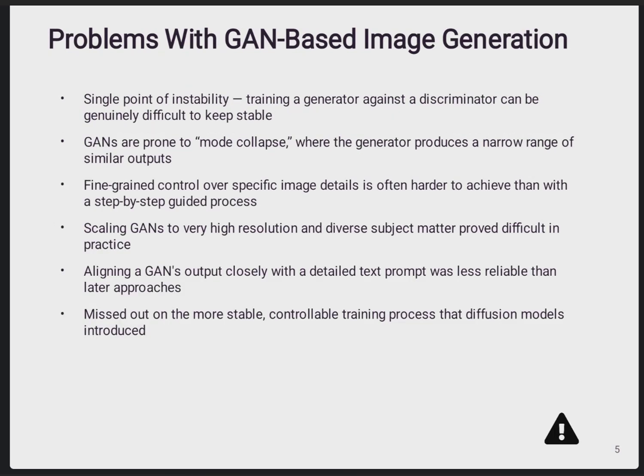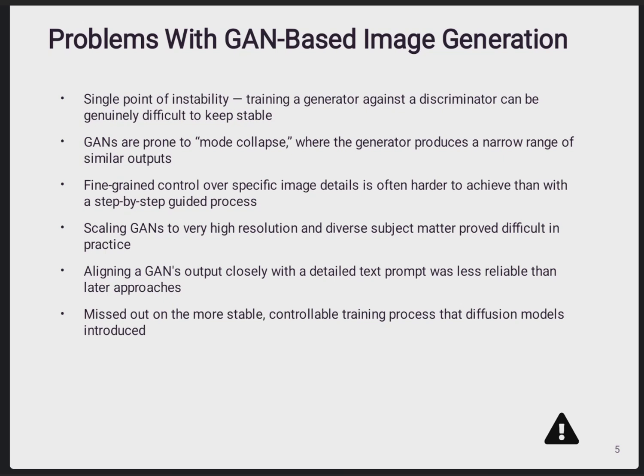Problems with GAN-based image generation. A single point of instability: training a generator against a discriminator can be genuinely difficult to keep stable. GANs are prone to mode collapse, where the generator produces a narrow range of similar outputs. Fine-grained control over specific image details is often harder to achieve than with a step-by-step guided process.